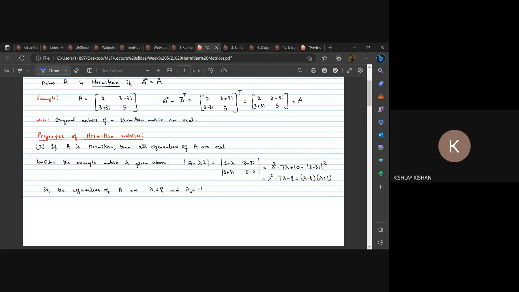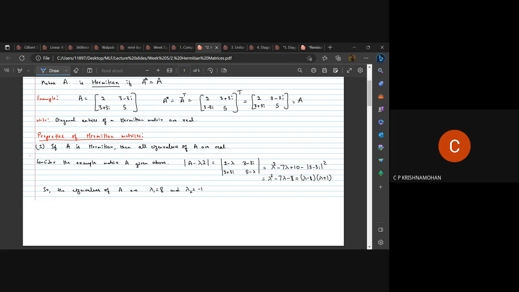No, not necessarily. In real space we used to get repeated eigenvalues. You will get different eigenvectors, especially for Hermitian matrices, corresponding to different eigenvalues.